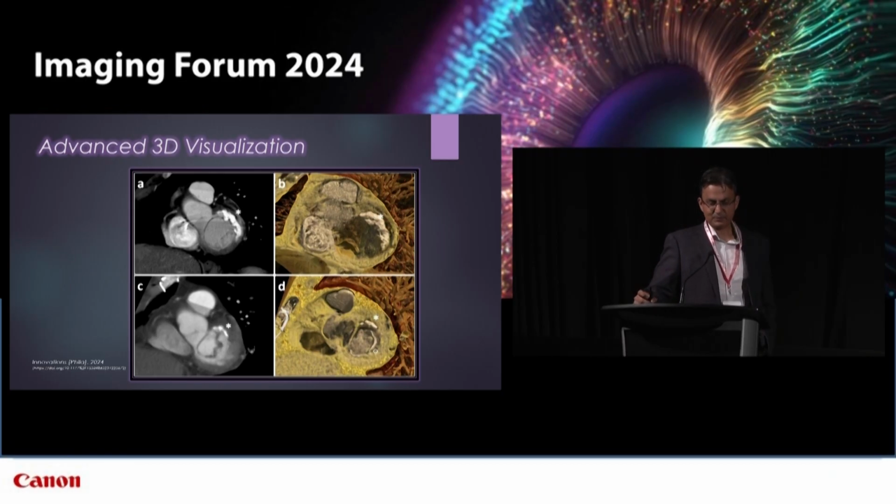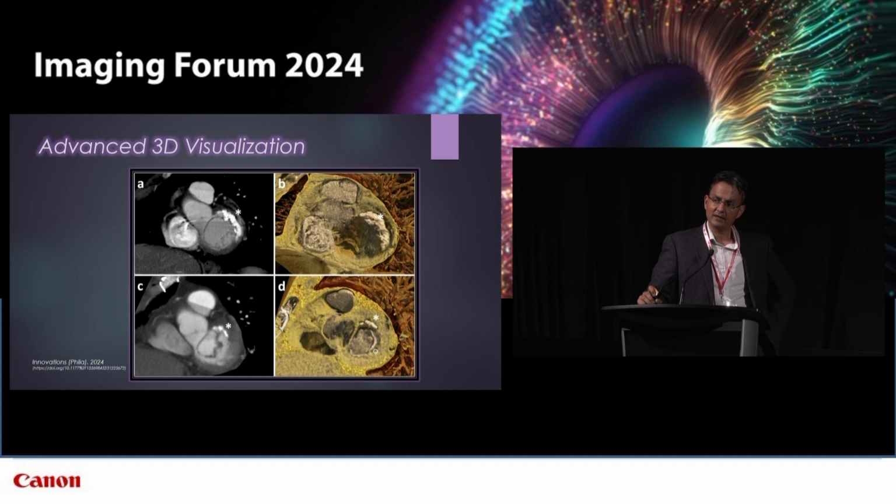As a last example, this is a case of a patient who required a mitral valve repair. So we've got standard grayscale MPR/MIPs on the left, and then we've got global illumination rendering on the right. The top row is pre-surgical, the bottom row is post-surgical.